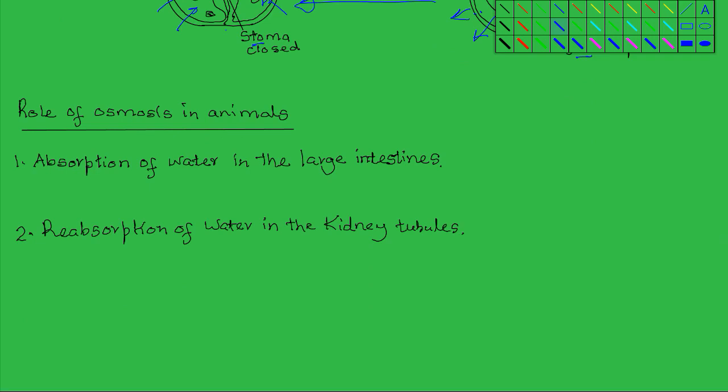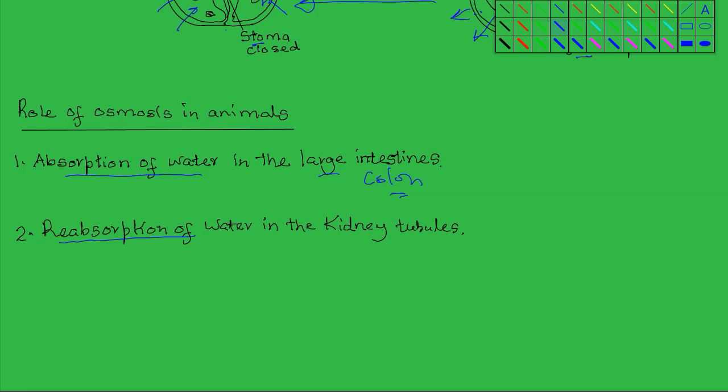The second role is reabsorption of water in the kidney tubules. Most of the water that is filtered out of the blood is reabsorbed by osmosis into the surrounding blood capillaries. In this way, water is conserved in the body and not lost through the urine. So the reabsorption process in the kidney tubules is by osmosis, just like the absorption process in the large intestines also comes about through osmosis.